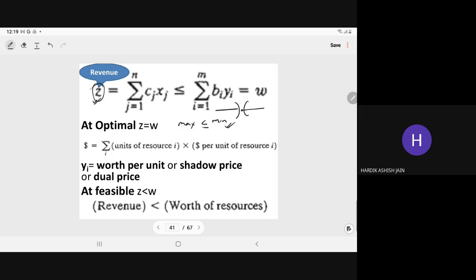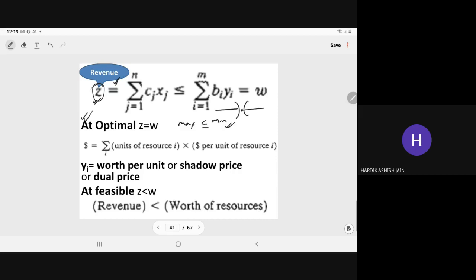It is the summation cj xj, or total profit. Z is the revenue. It means w is also money, revenue, right? Because you can compare money with money only. So w is also money. So at the optimal, z is equal to w.